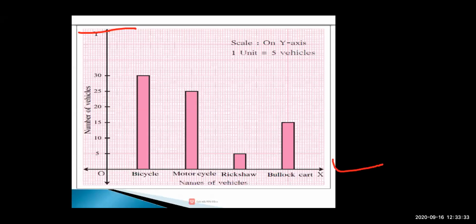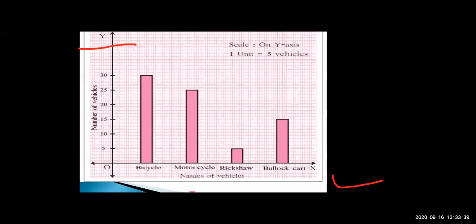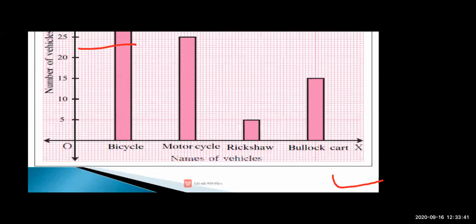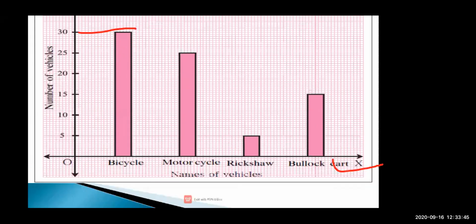So here what is given? Names of vehicle are given. So we have written vehicles' names only on the x-axis, and downward you have to write name of vehicles. Now on the y-axis, see on this axis, what have I written?